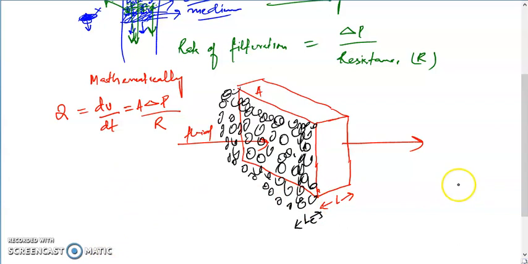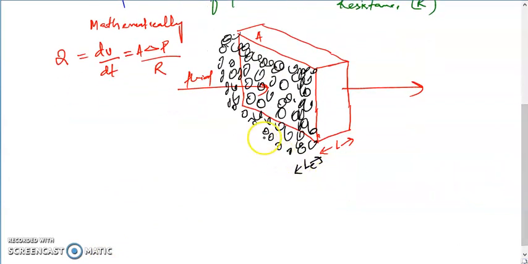Assume the filter cake, this is actually the filter cake. Now assuming that the filter cake does not become compressed, R can be described by the following expression.